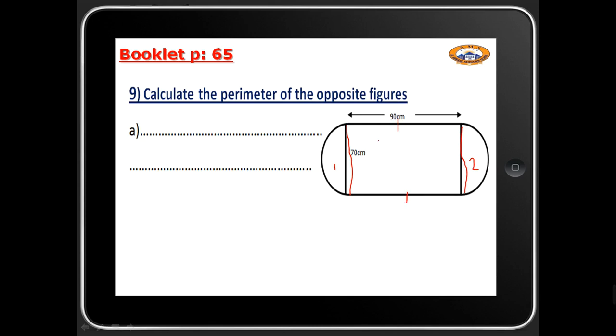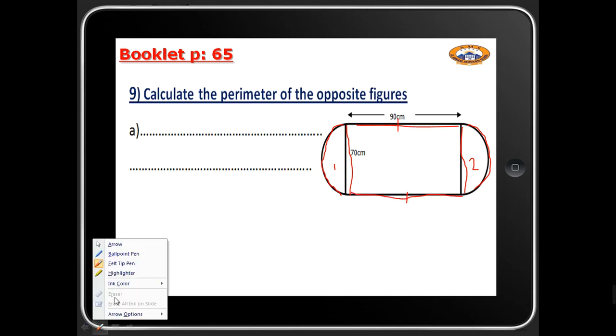And the perimeter of the shape, I'm going to draw it with you with the red. This means the length of this curve and the length of this curve, plus the sum of these 2 sides.